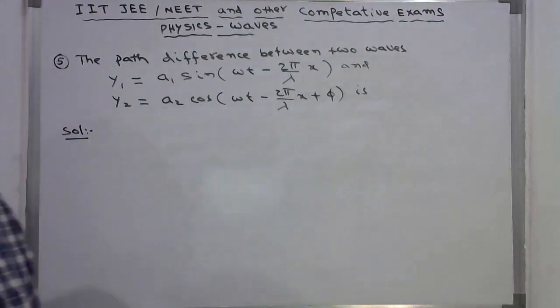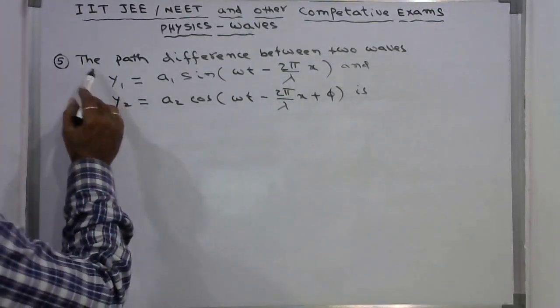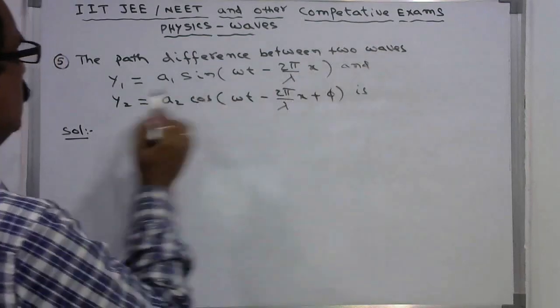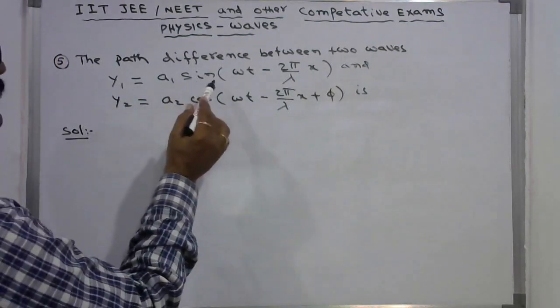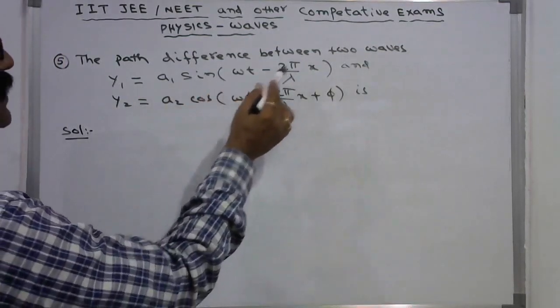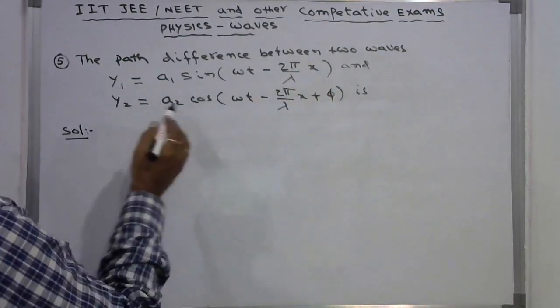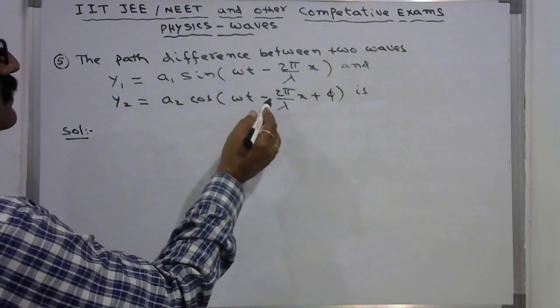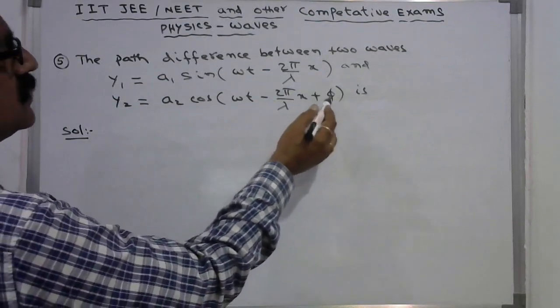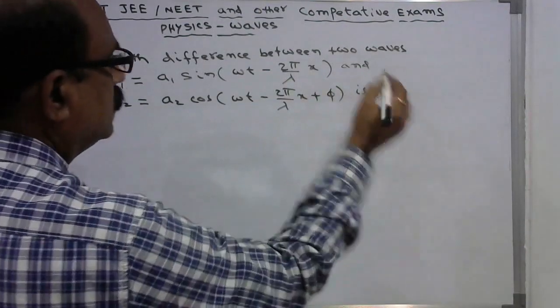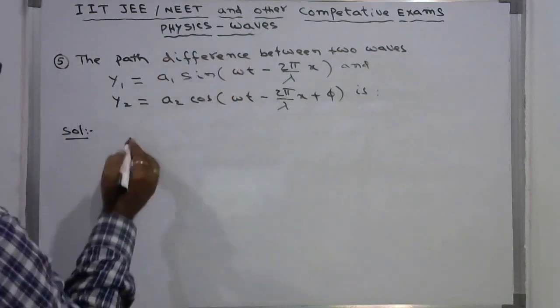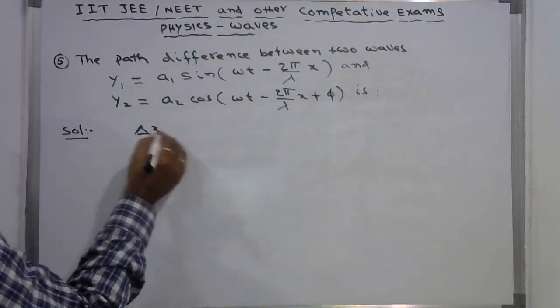In this problem, it is given that y1 is equal to a1 sin(omega t minus 2 pi by lambda into x), and y2 is equal to a2 cos(omega t minus 2 pi by lambda into x plus phi). We have to find the path difference.